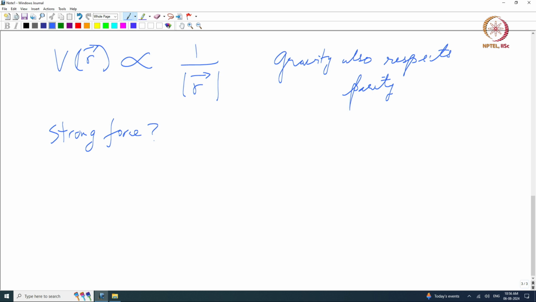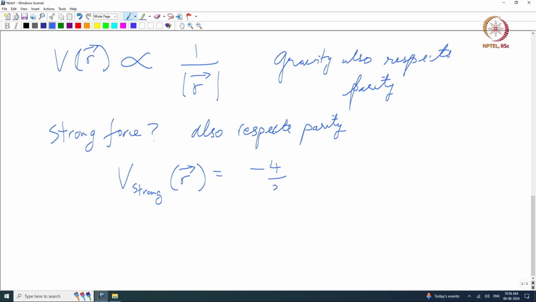So, I will just tell you the strong force also respects parity, okay. And one of the quickest ways to see this is to inspect the potential. It is an effective potential, okay. In other words, it is not really a fundamental equation that I am writing down. This is what is seen to work.